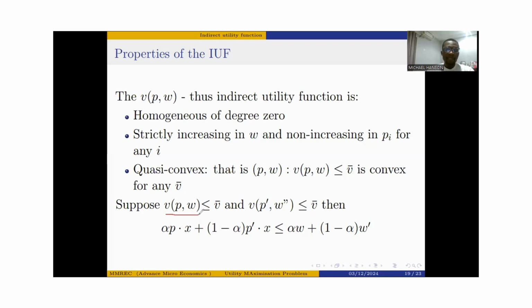If an indirect utility function from a given commodity is less than your total utility, let's assume your utility is 200 and a given commodity X gives you a utility of 50, and another consumption gives you 100.